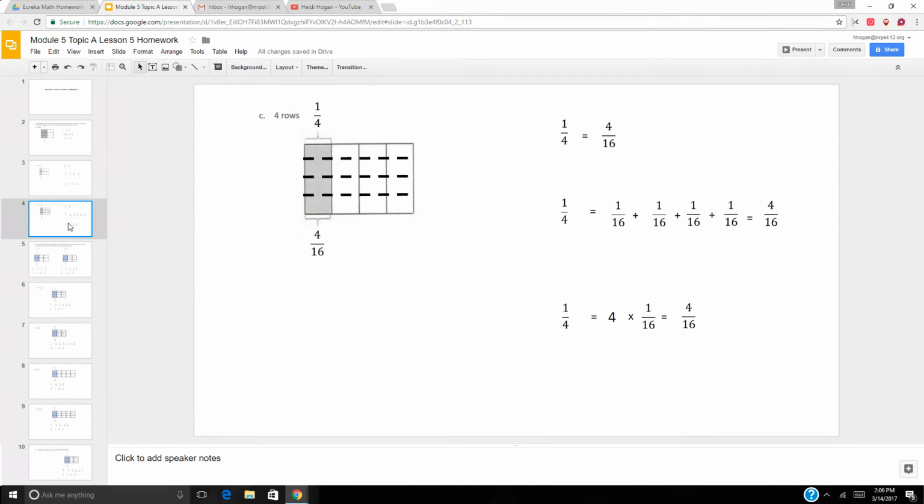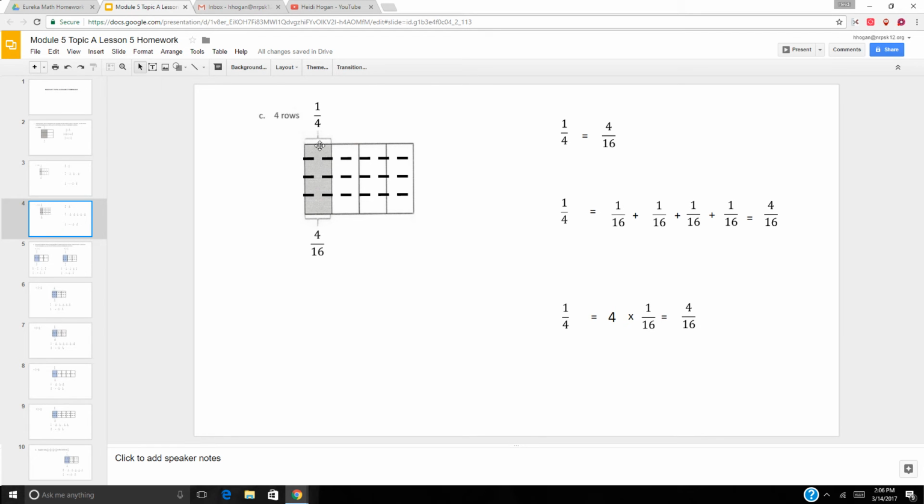Okay, it's going to get trickier. So now we have 1, 2, 3, 4. We have 1/4. And they want us to divide it, or decompose it, into 4 rows. 1, 2, 3, 4. So that means we have 1, 2, 3, 4, 5, 6, 7, 8, 9, 10, 11, 12, 13, 14, 15, 16. So each littler section is a 16th.